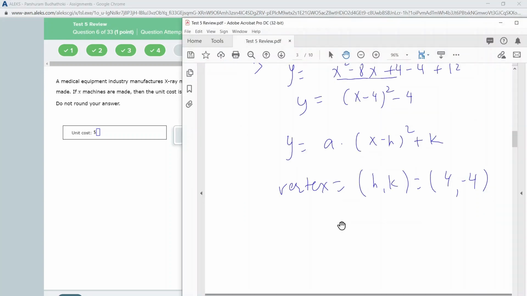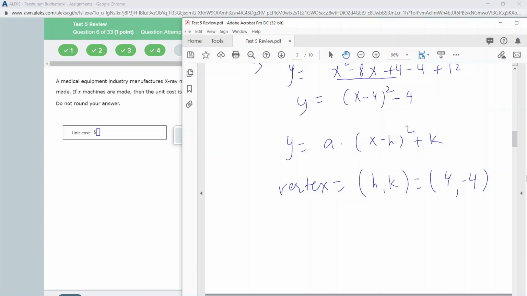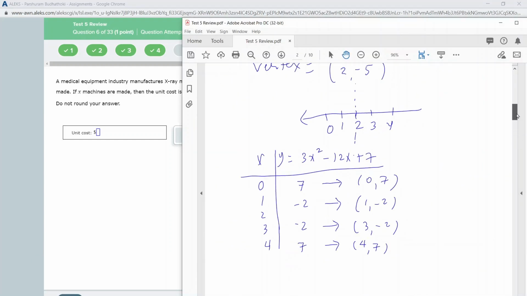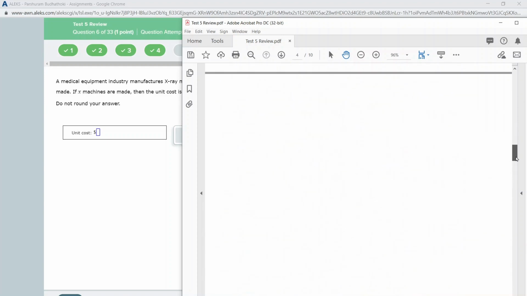So for finding the vertex in problem 6, you can use this vertex formula, and that will give you your answer for the minimum cost. The cost function we have is 0.2x squared minus 100x plus 31,146.